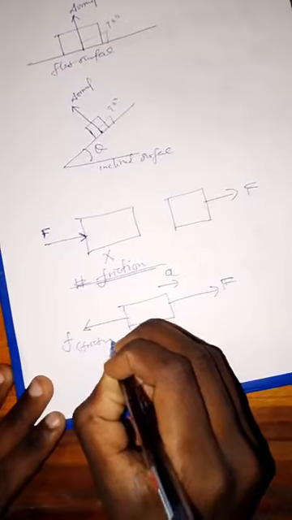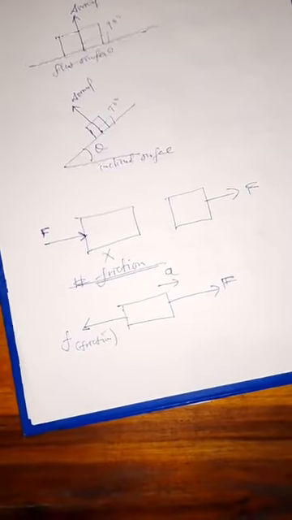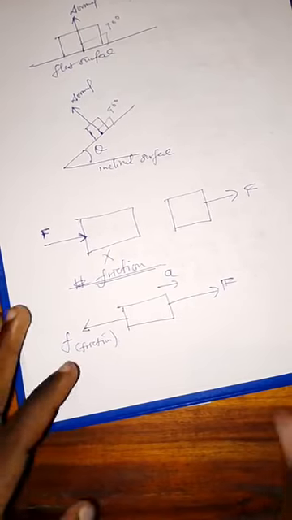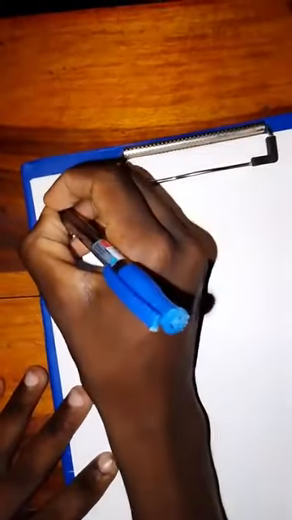Under dynamics, there are two types of friction. We have kinetic friction, which is for a moving object, and static friction, for an object at rest.